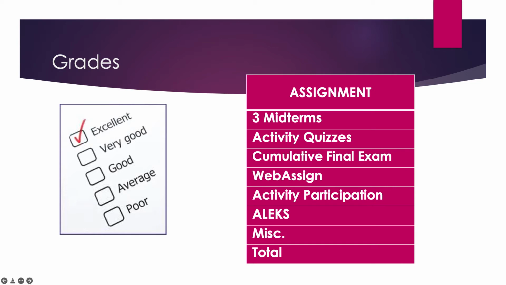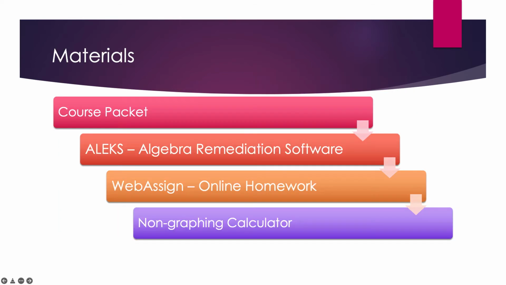You'll be taking 3 midterms, activity quizzes, which will be over individual sections. You'll have a cumulative final at the end of the semester. WebAssign is your online homework by Cengage. You'll be participating in activity, that 2-hour-a-week event, and that'll contribute towards your grade. You'll be completing ALEKS, and there's 1 or 2 other little minor assignments that'll count towards your grade.